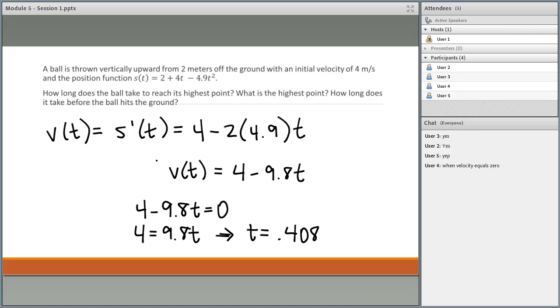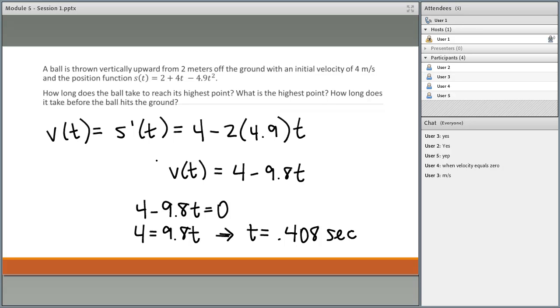Do we know anything about the units of that value? Well, we were given meters per second. Good. So since this is time, it's just going to be seconds. The velocity represents meters per second. The time is 0.408 seconds.